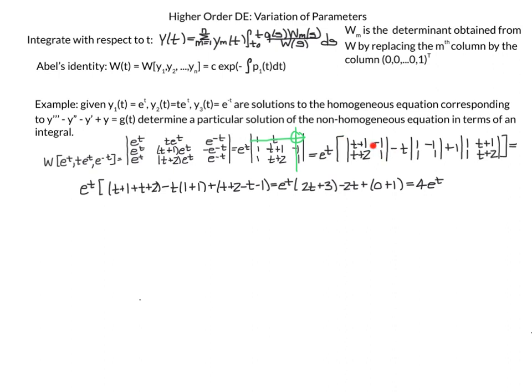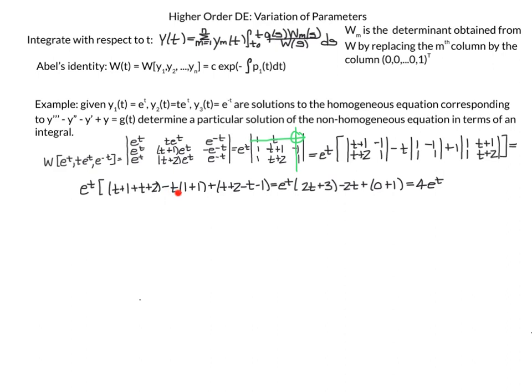And now we know how to get the determinant of a 2 by 2, which is just to cross multiply. And when we cross multiply in this direction, we add the negative sign. So we're going to have e to the t times t plus 1 times 1, which is t plus 1, minus, and this negative 1 becomes positive, 1 times t plus 2.